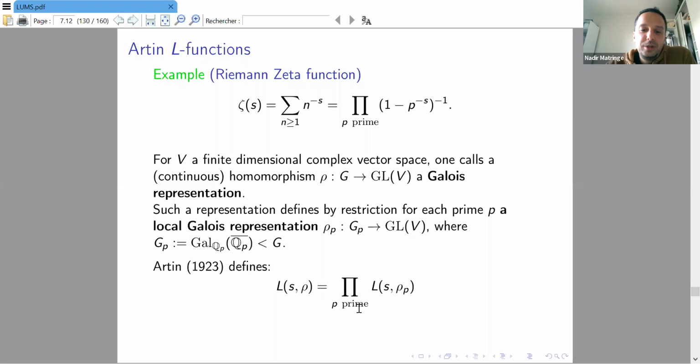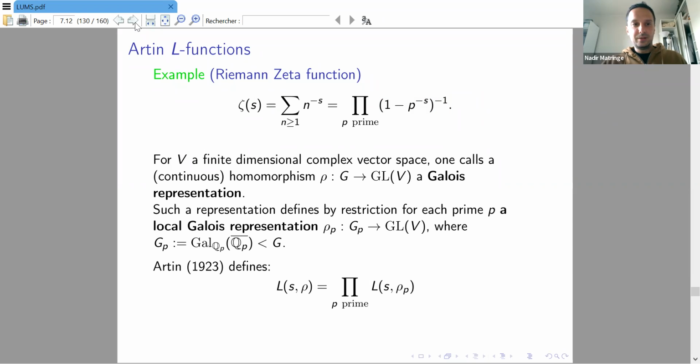It is the product over all primes. So at the moment, my definition is purely formal, of some local L functions attached to the local representations rho_p. And they have a shape very similar to this one.